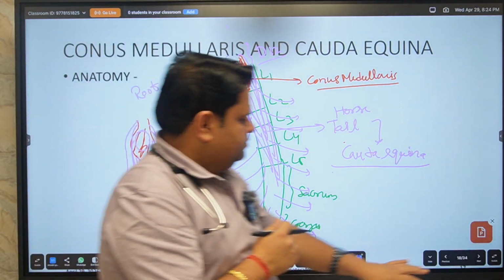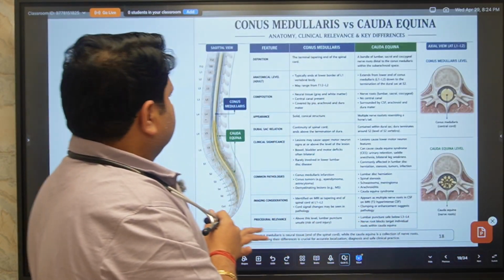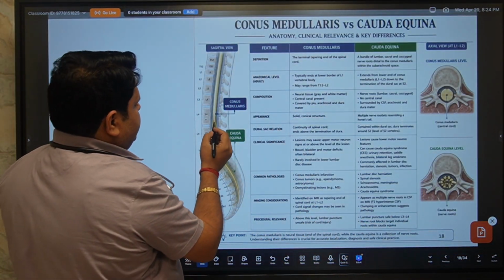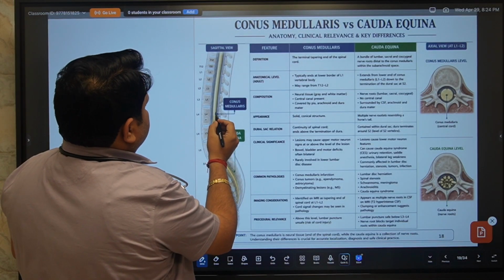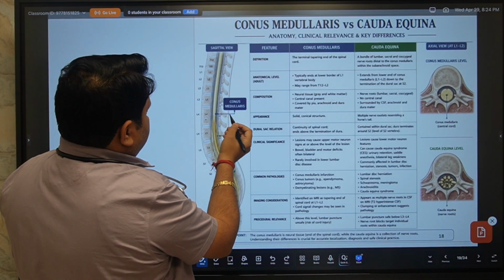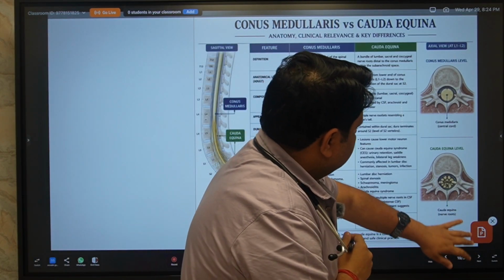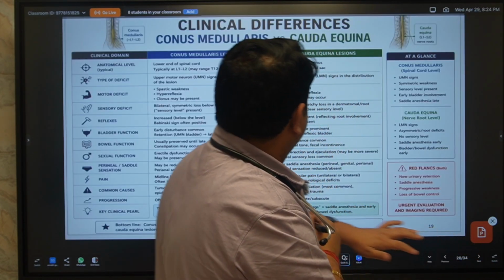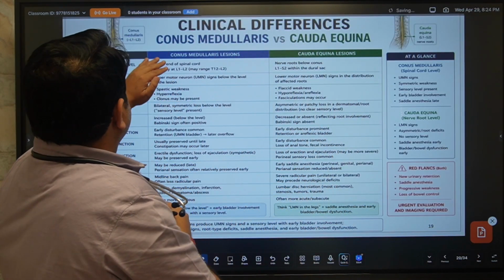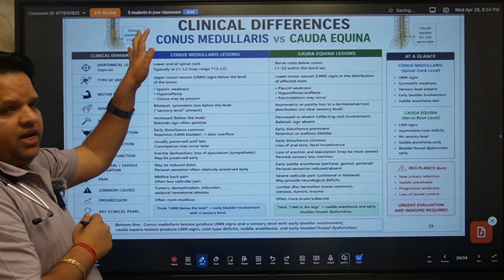So as we see in the diagram, the conus medullaris is present around the L1 level.